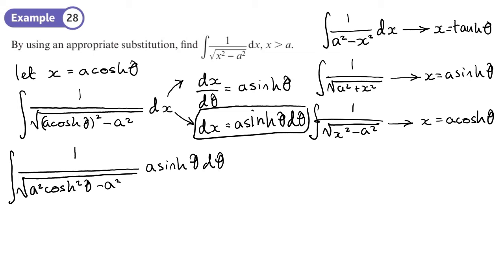Now the bit at the bottom, I can use this identity, cosh squared theta minus sinh squared theta is 1.